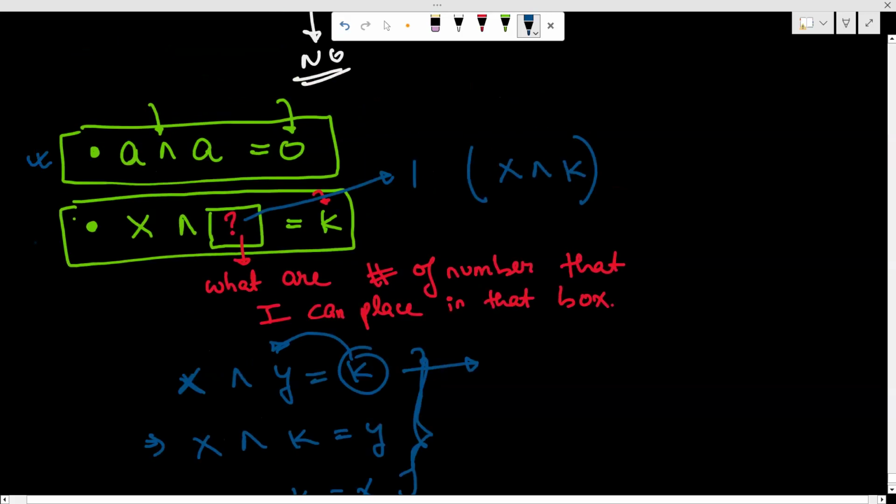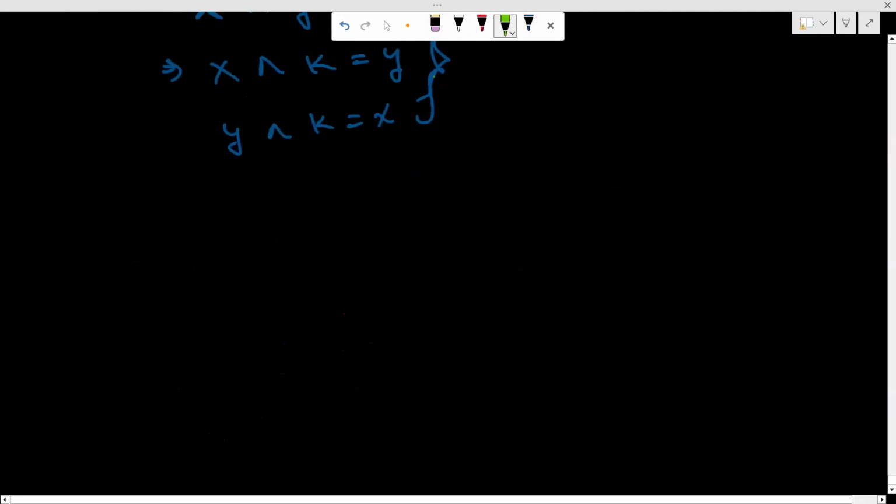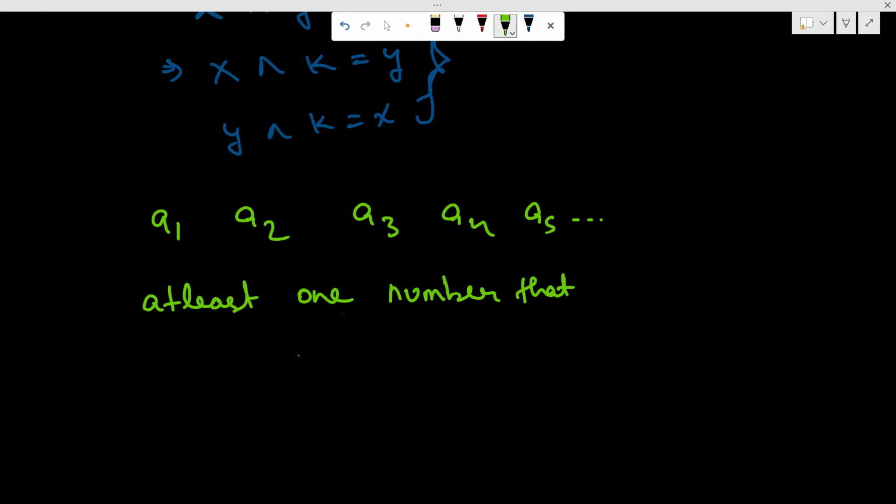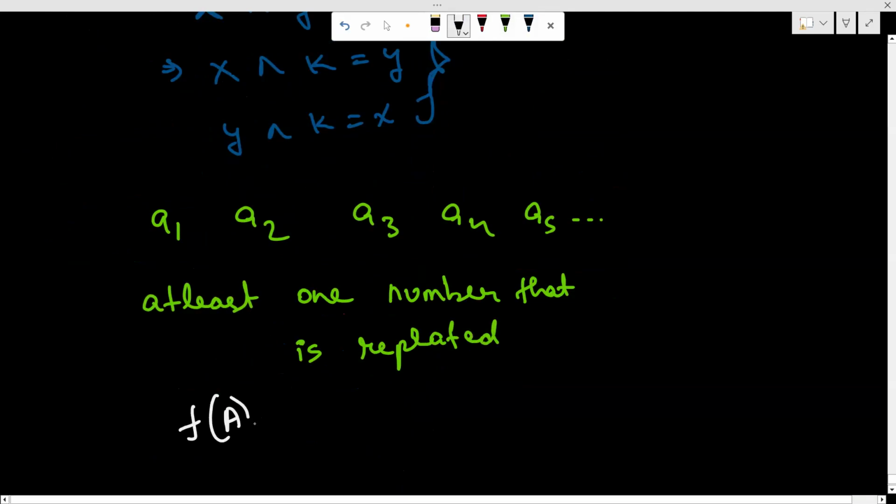So if these two points are clear, now let's jump onto the question again. Just tell me one thing. If I tell you that I have some numbers in the array, and there is at least one number that is repeated, then can you all tell me what will be the value of f of a?